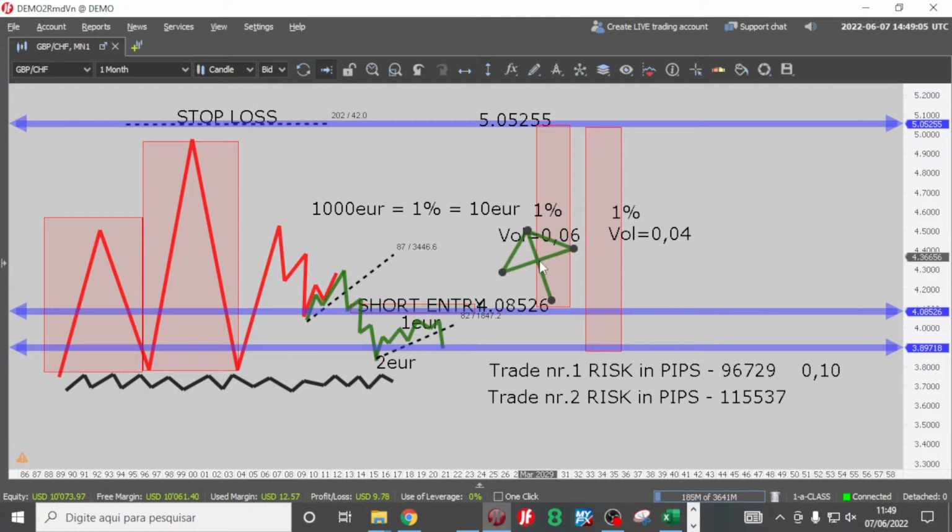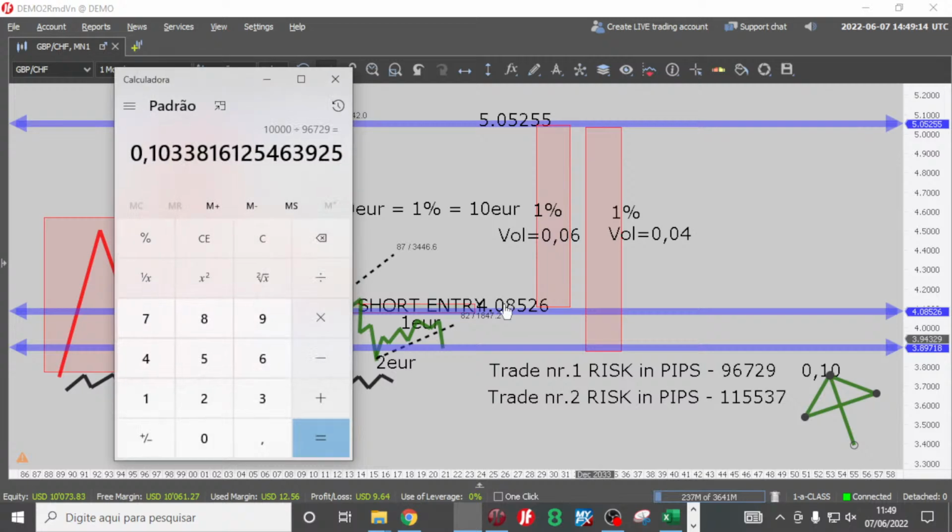Okay, now on this one, if it would be 10,000 euros, you would have the volume, the lots, 0.10. And on the second trade, you still are risking 10,000. 10,000 is 1% of your account. Again, don't bother with the numbers, but this is the process of how to calculate. Divided by 115.